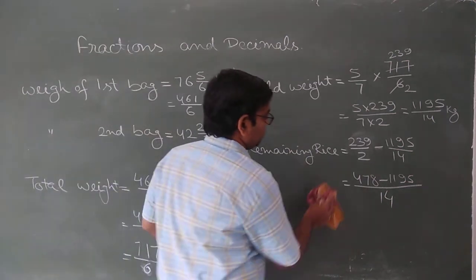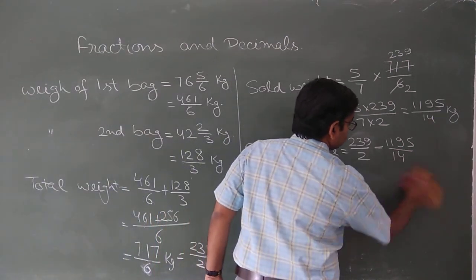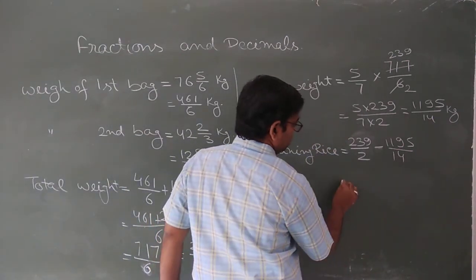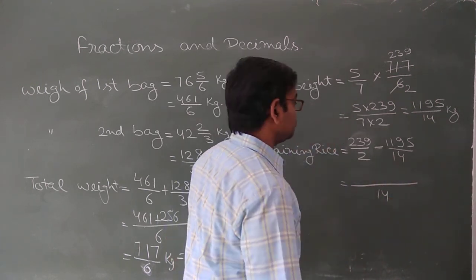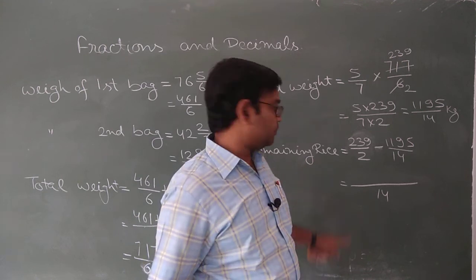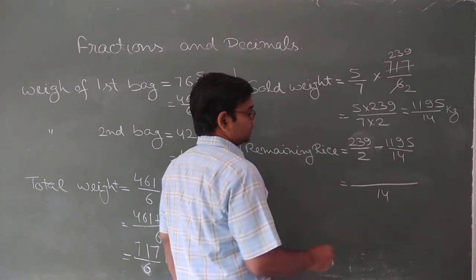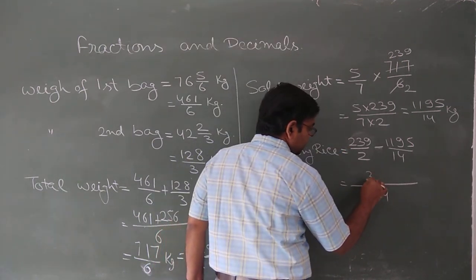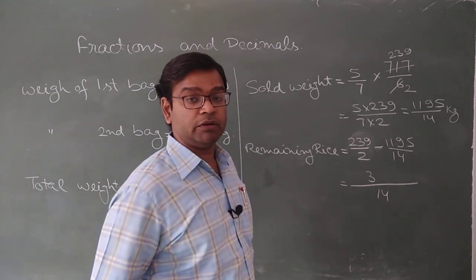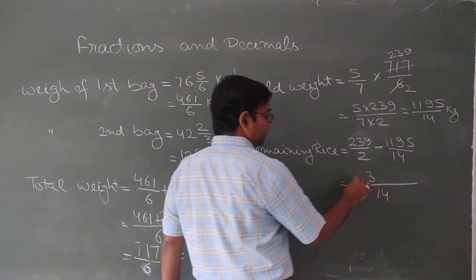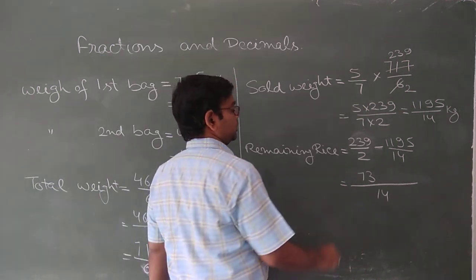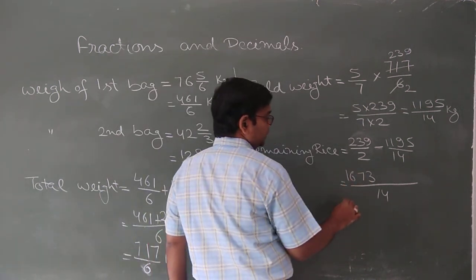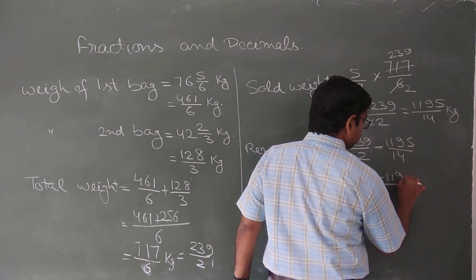But what about the first fraction? It's 14, 2 sevens are 14, 7 multiplied by this 239. 7 nines are 63, 6 carry, 7 threes are 21 plus 6 is 27, 2 carry, 7 twos are 14, 14 plus 2 is 16, so 1673 minus 1195.